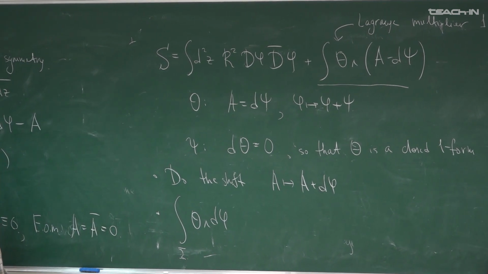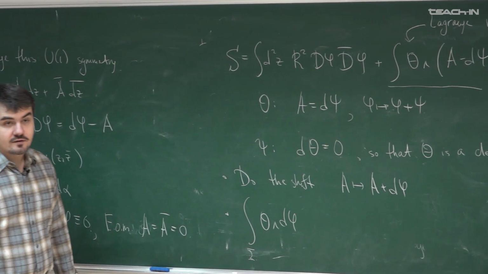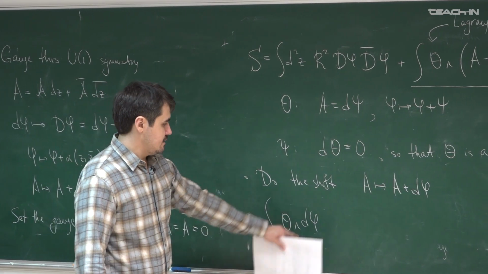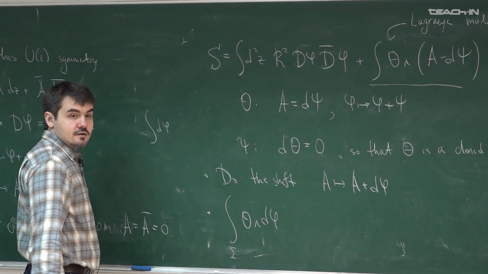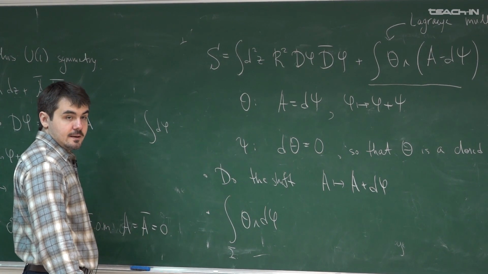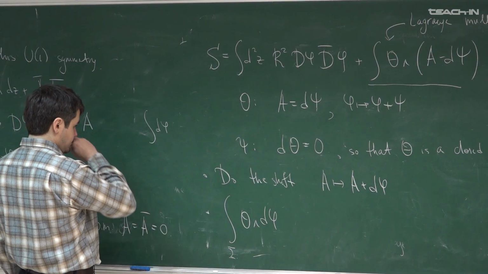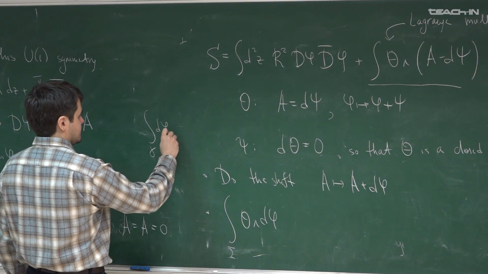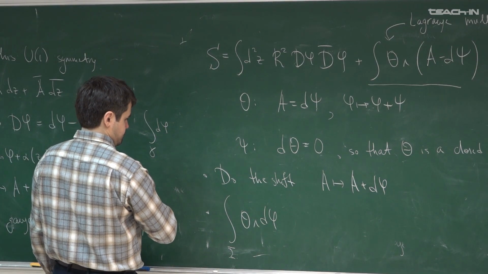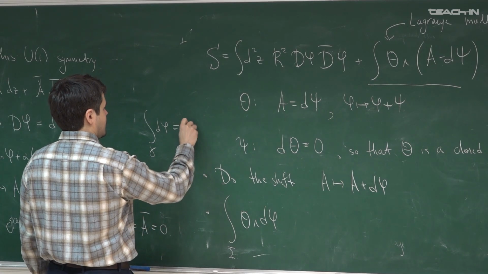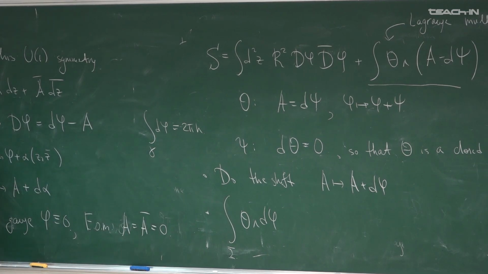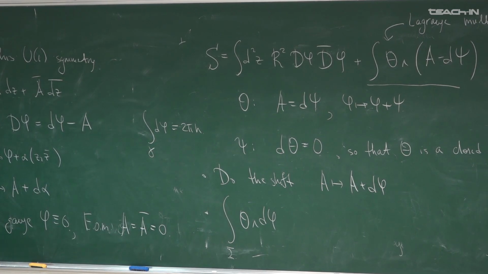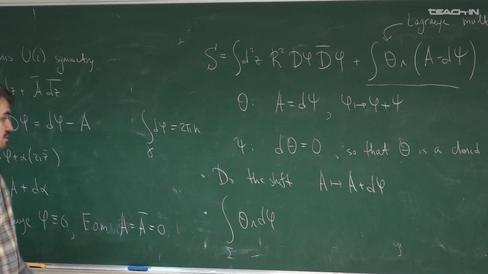So when we say that phi has some windings, that means the integral of d phi over various cycles is an integer, effectively, 2 pi n. So that means that actually this is not an exact form. It's just a closed form.